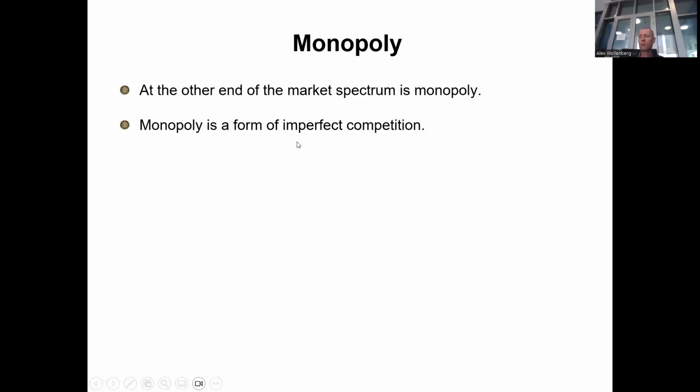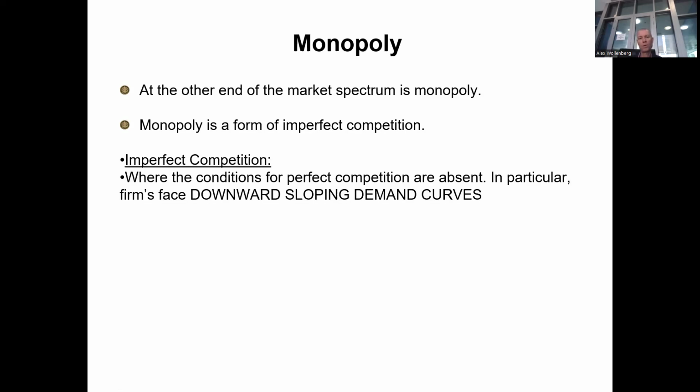A monopoly is a form of imperfect competition, of course, since we have an industry and the company is the industry, because there's only one company. Imperfect competition is where we have, again, downward sloping demand curves.